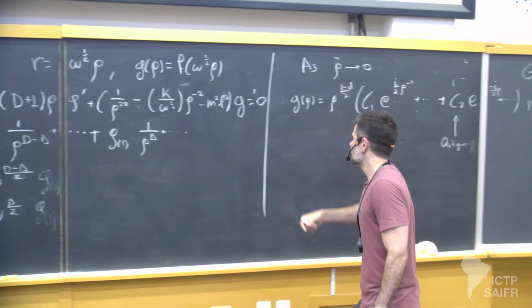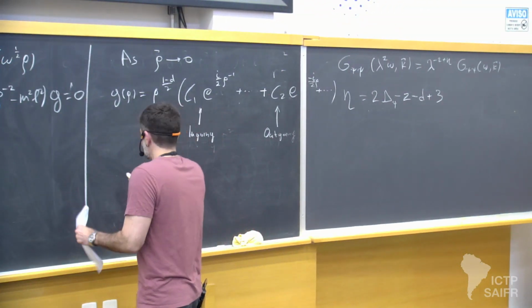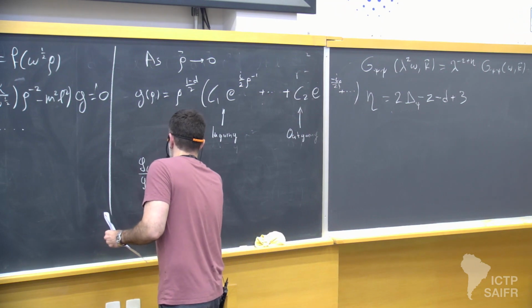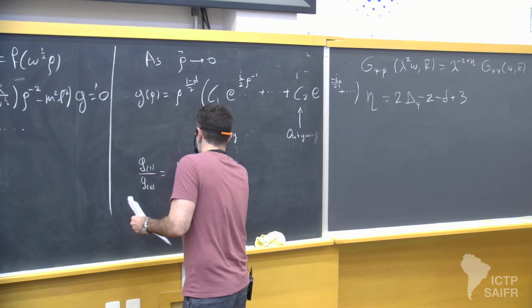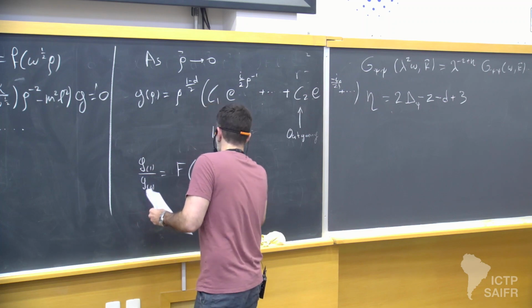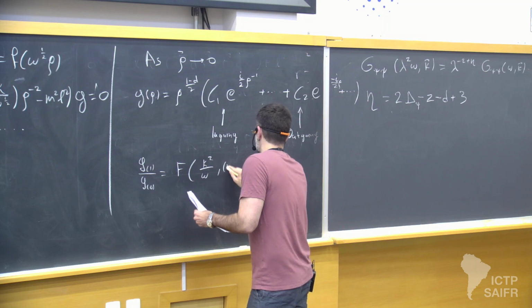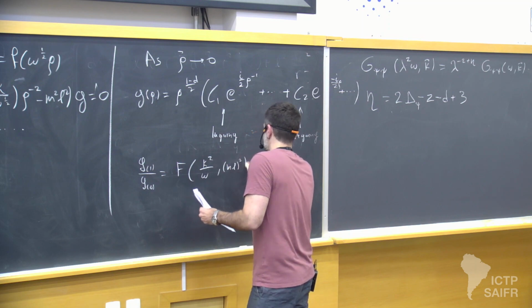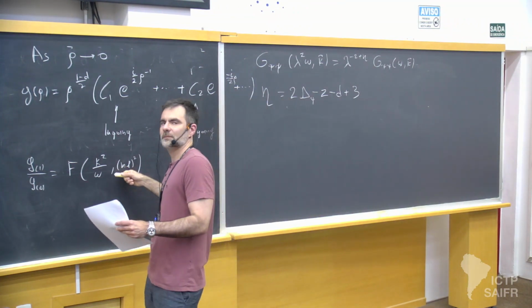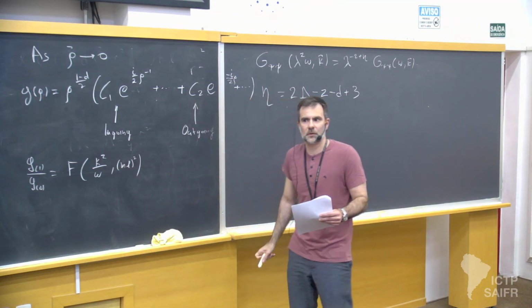The form of this equation is telling me that g1 over g naught can only be a function of k to the power z over omega and the dimension. The dimension of the operator comes through the dependence on the mass.